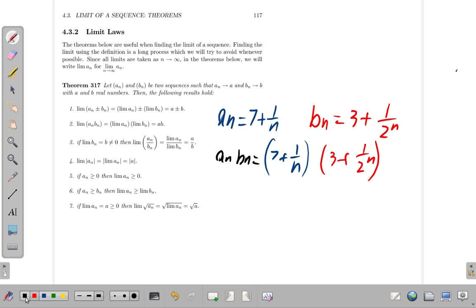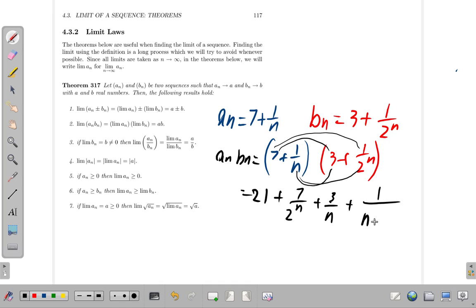Now what happens? 7 times 3 is 21, plus 7 times this is 7 over 2 to the n, plus 1 over n times 3 is 3 over n, plus 1 over n times 1 over 2 to the n is 1 divided by n times 2 to the n.